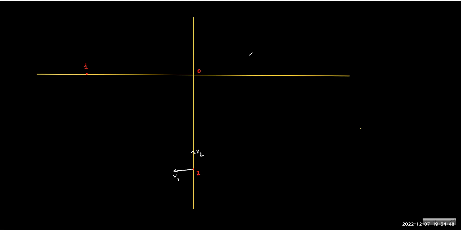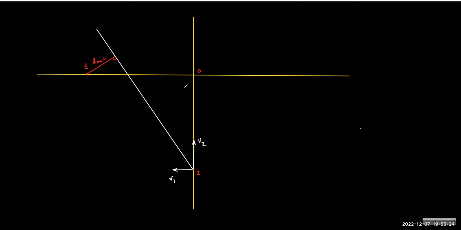Yes, sir. I will make it intentionally something like this, v2 and v1. So the resultant of the two will be something like this, isn't it? Yes, sir. So the minimum separation will be when you draw a perpendicular from here to here, correct? This is the minimum separation.